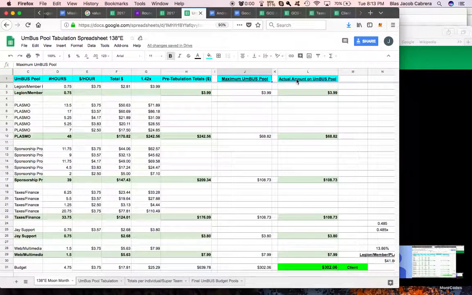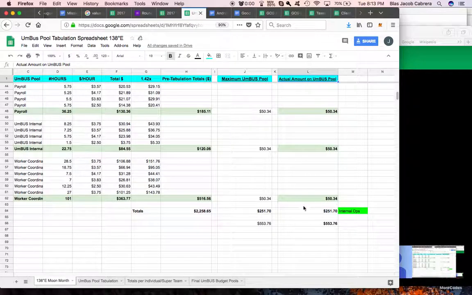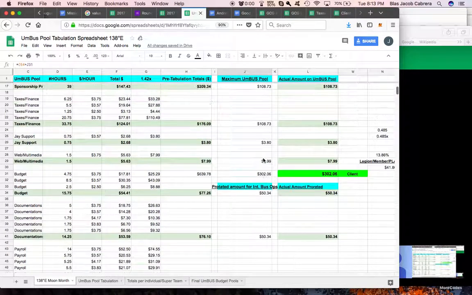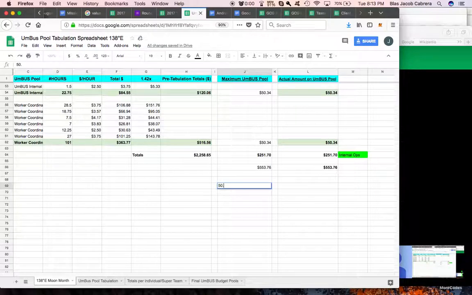the goal of the first part is the actual amount of UmBUS pool that has been approved in the budget. This is supposed to add up correctly. I guess she didn't make the changes, but it's short by 5034. The 5034 that was not included was, which one was it?